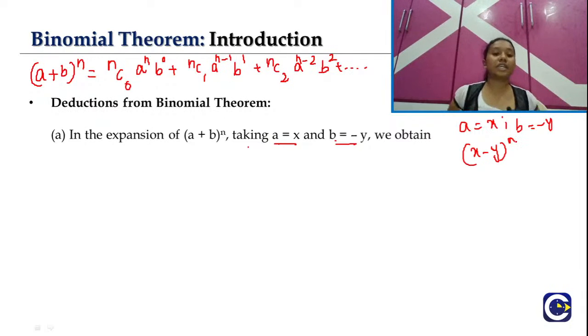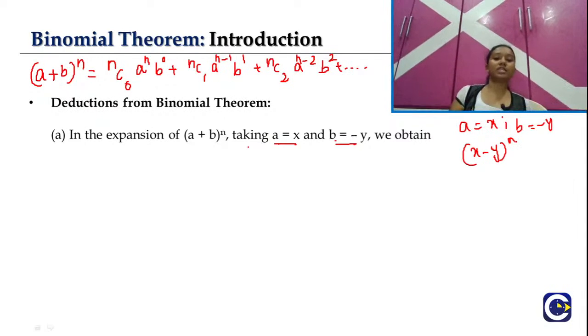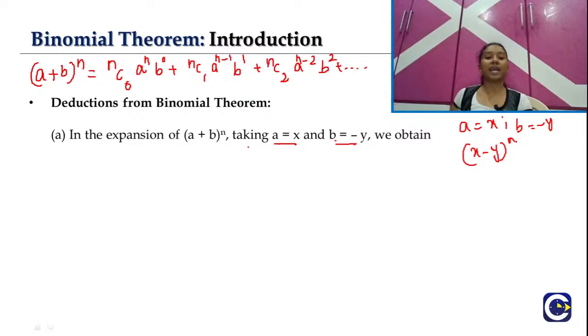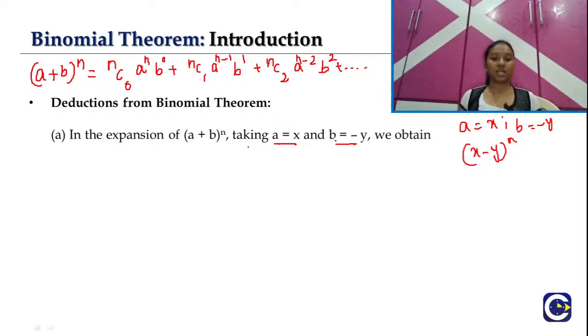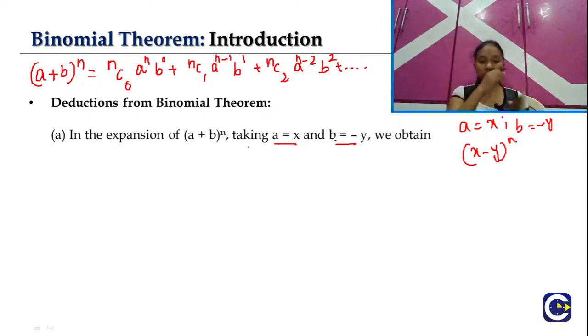So give it a try and write the expansion of this after the replacement, where a has been replaced by x and b has been replaced by minus y. Quickly write the expansion and let me know, guys. If you have any doubts, please let me know in the comment section. I'll be reading it and getting back to you.